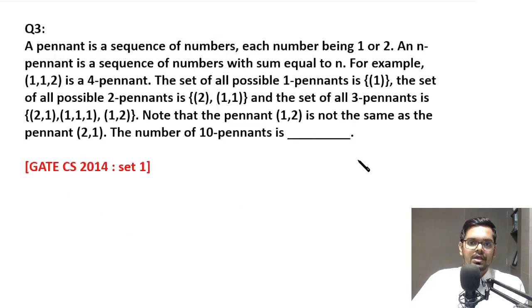To think on the logic, I came to the given example: for the 1-pennant they made this ordered pair 1, makes sense. For the 2-pennant they made this. For the 3-pennants they made this. So basically, don't you feel this is a kind of arrangement of digits 1 and 2 in such a way that the sum of those digits comes out to be 3 for this 3-pennant criteria, right?